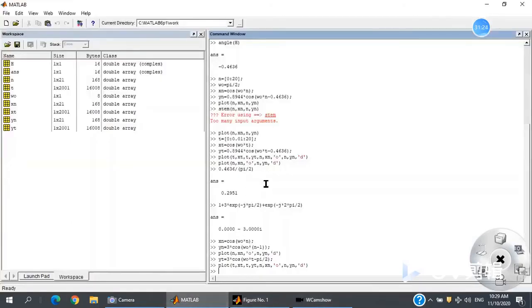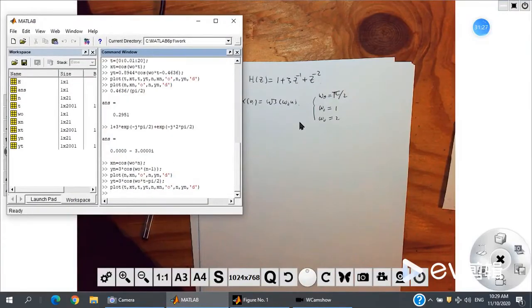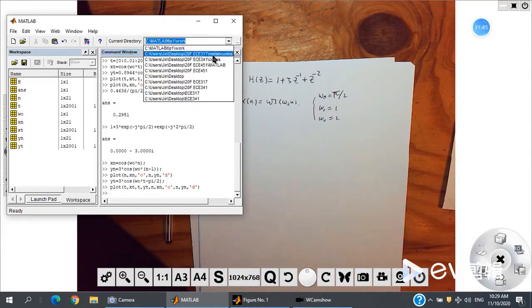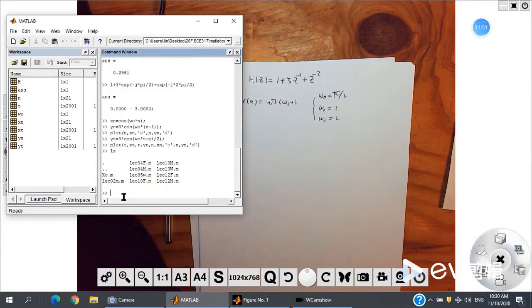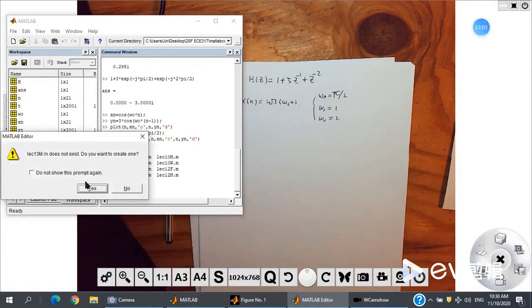Then here I make some change. x of n equal to, I just change omega 0 to 1. Yeah, I can put it in a function. Let me edit this one.